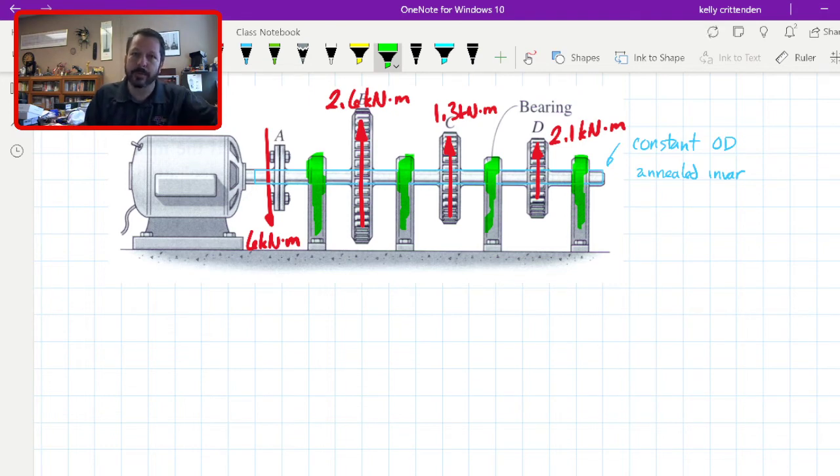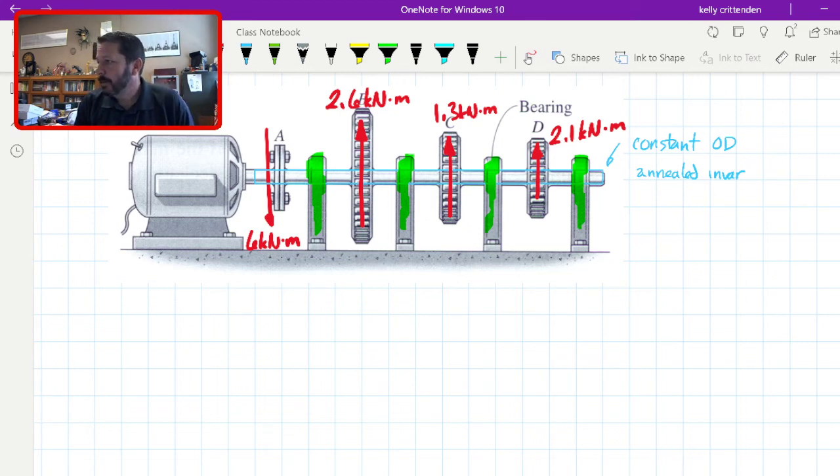That's a topic for much further down the line if you're mechanical engineering probably. So we're just going to assume that for practical purposes, those that I highlighted green, the little bearings, are not really doing anything. They're just drawn so that the shaft isn't floating in the air. And then I'm inputting 6 kilonewton meters, and I'm outputting a total of 6. It's just some of it's going to each one of these 3 gears.